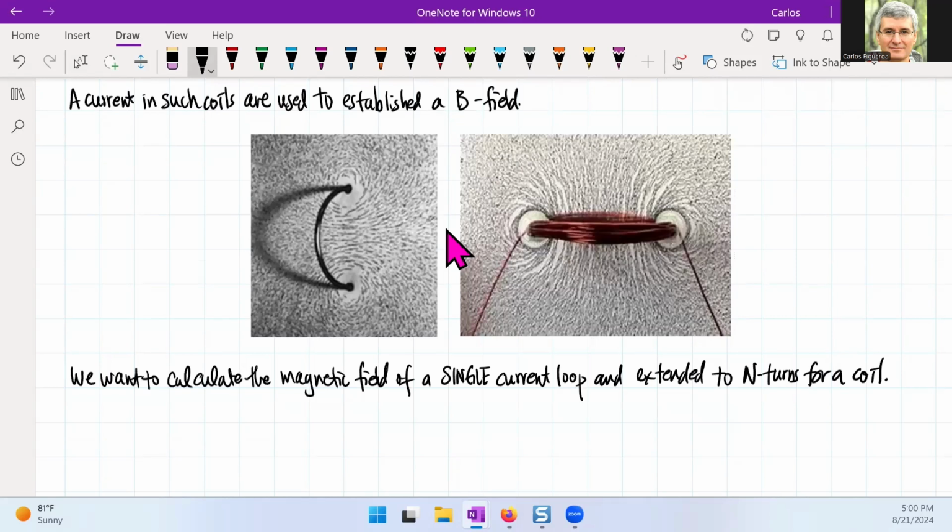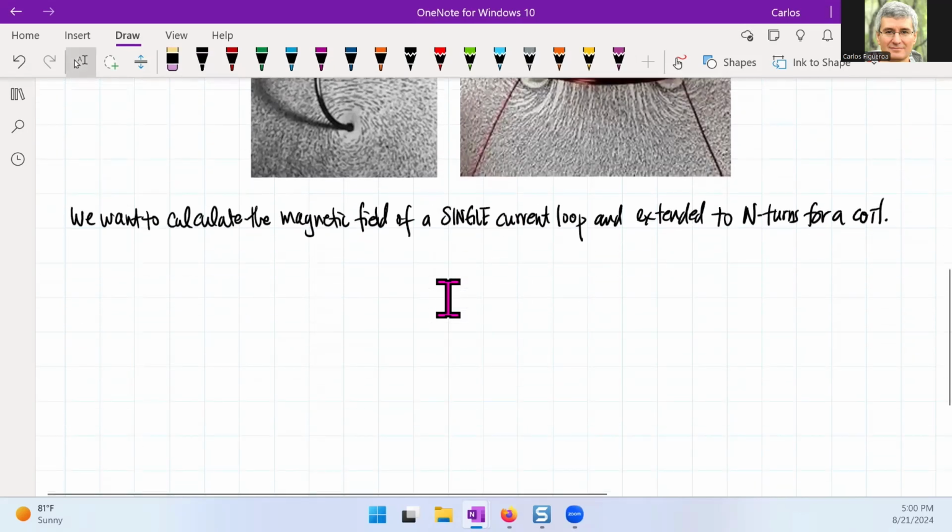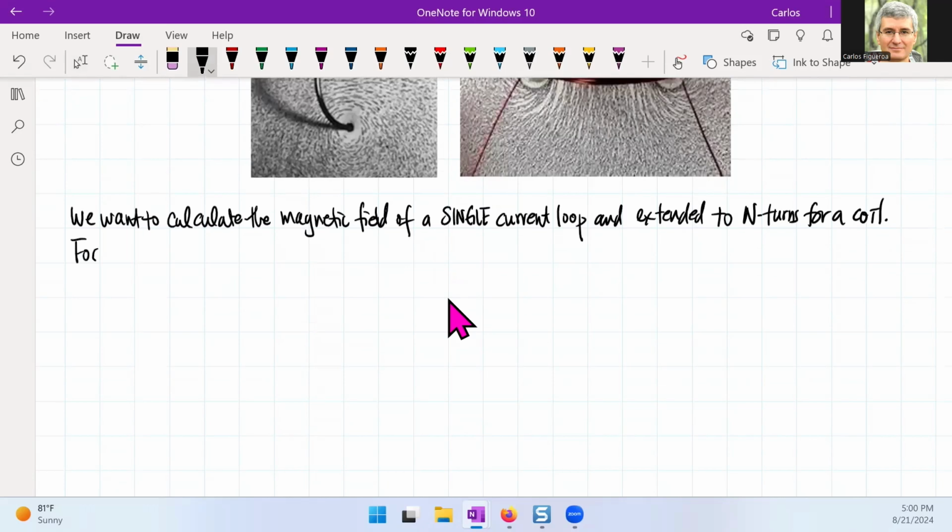And the easiest coil to deal with is a circular coil because we know how to deal with that mathematically. So here we go. So I'm going to look at a single circular coil. So we're going to focus on a single circular loop.